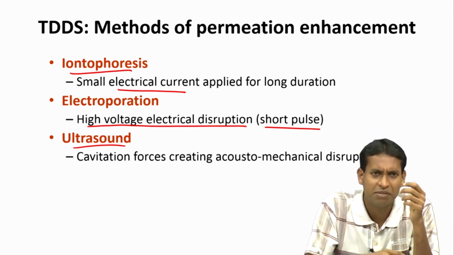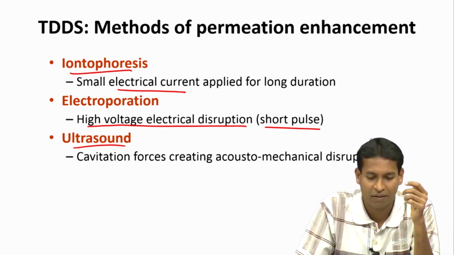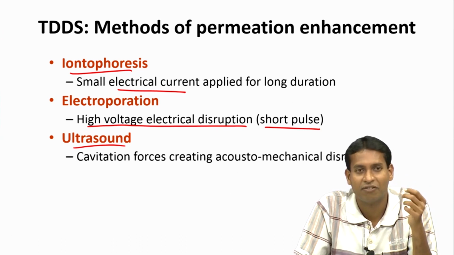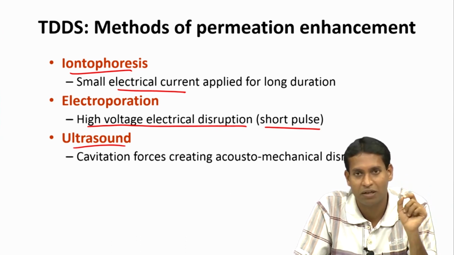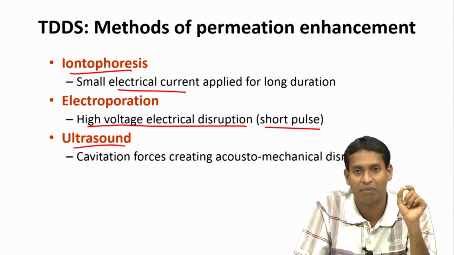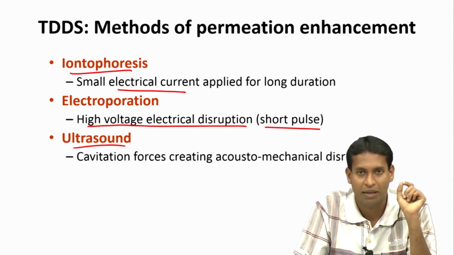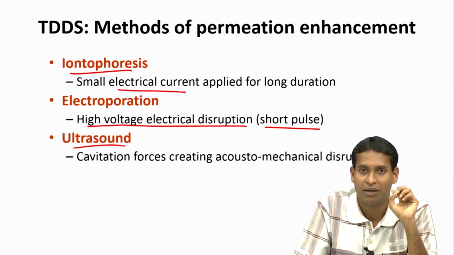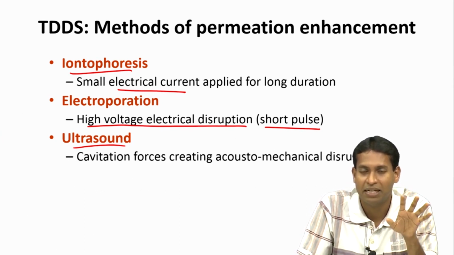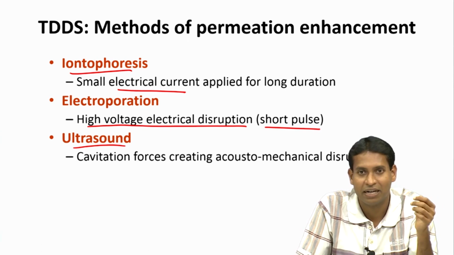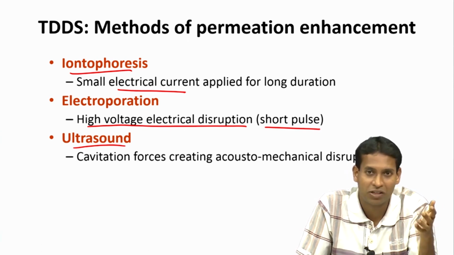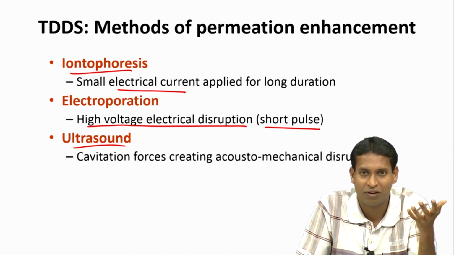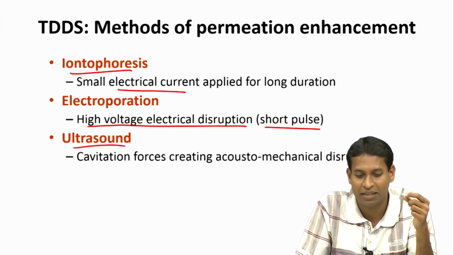So essentially all these methods that we are discussing so far for the permeation enhancer rely on the fact that somehow we need to disrupt the stratum corneum layer, and apply the drug immediately before it heals itself, and the skin has a very good healing capacity. You have probably already seen that if you get a cut, the blood actually stops within a few seconds, and within a few hours the skin is completely sealed off there.